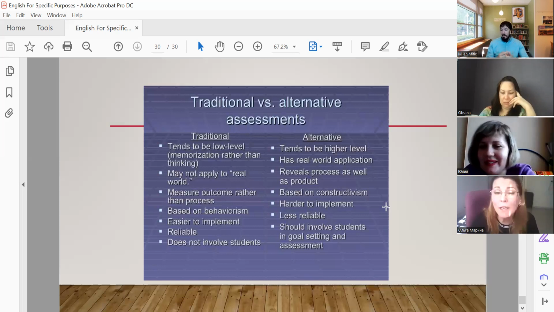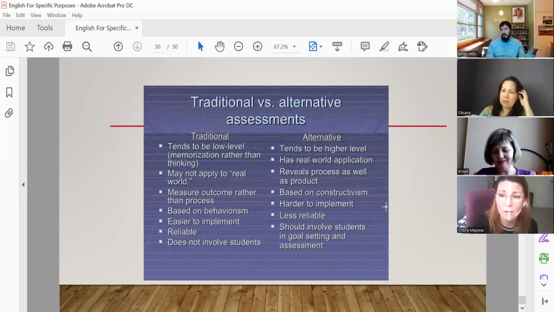How can I know if my course is good or bad if nobody sees it? Send questionnaires to your stakeholders. Ask them what they need. Do you need this grammar? Why not? Why do you need it? Why don't you need it? Ask them questions, surveys, interviews.